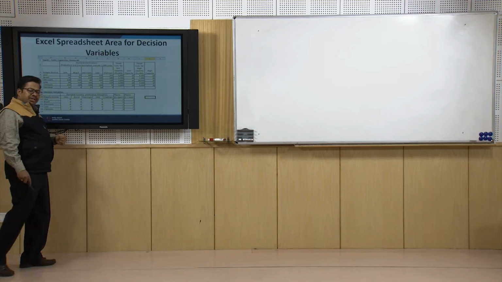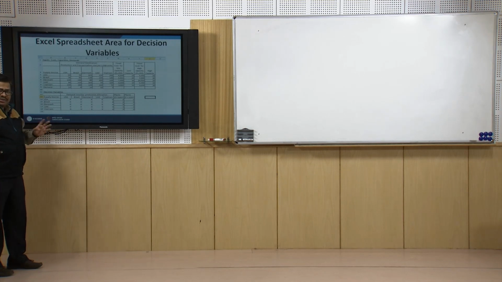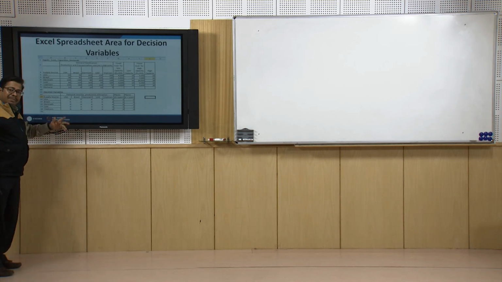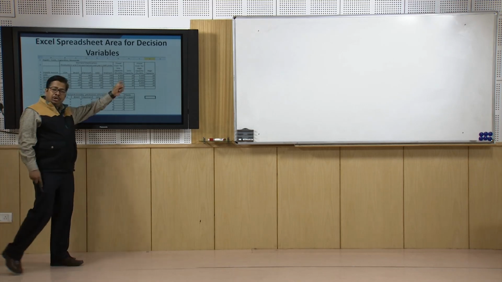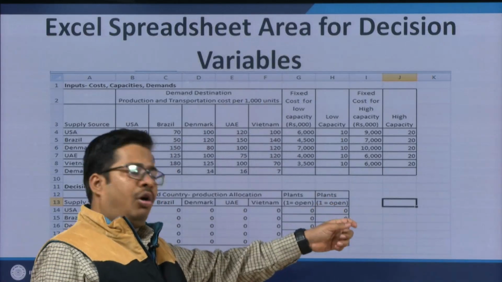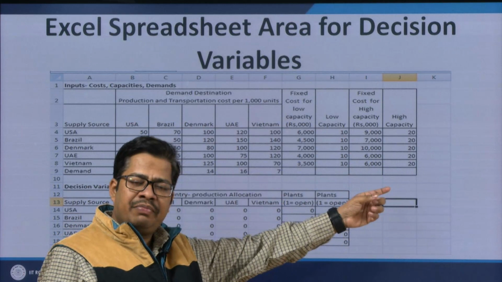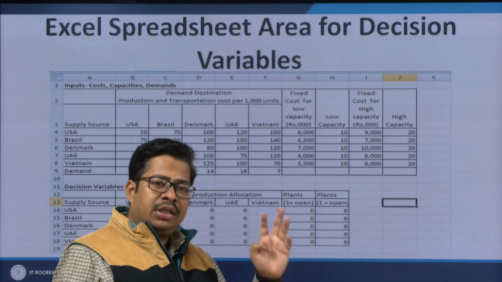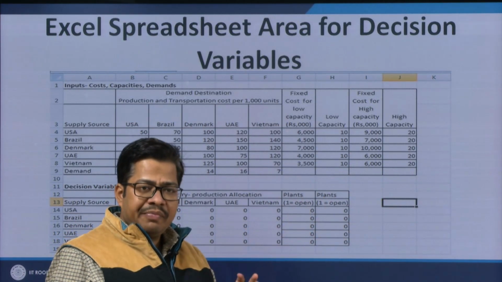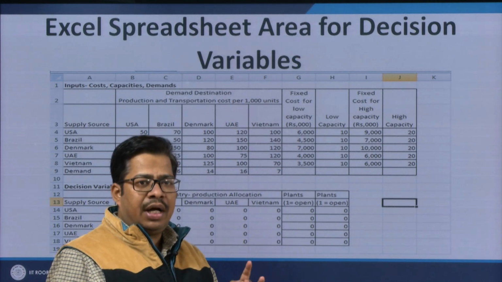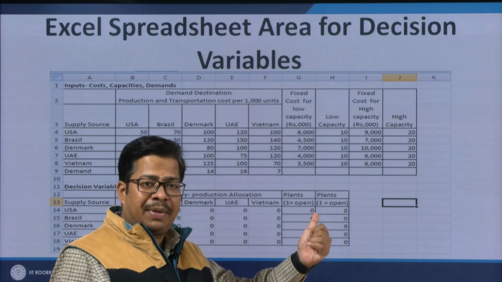Now you need to decide three things: whether to have a plant at a particular location or not, that is one. Second is whether to have a low capacity plant there or a high capacity plant there.